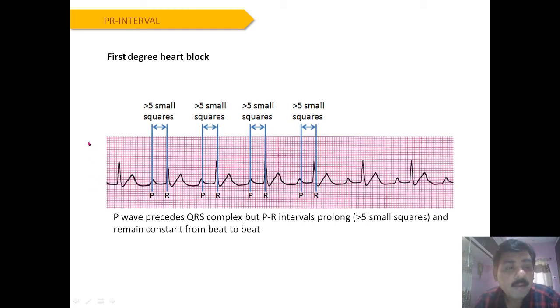The PR interval is indicated by 5 small squares. We have discussed that 5 small squares means how much time? That is 0.2 seconds. The P wave precedes the QRS complex, and the PR interval remains constant from beat to beat.